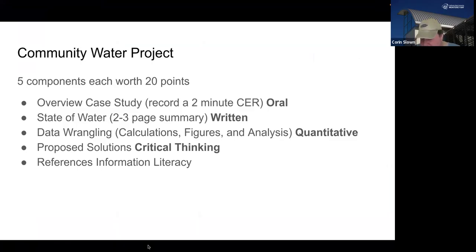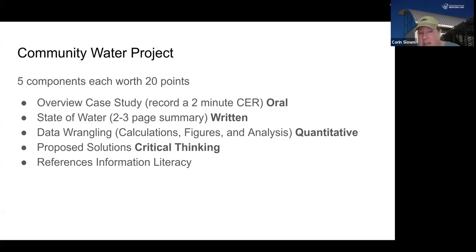Each of you has selected a water site. I'm going to choose one that has not been selected and walk us through how to do the oral component of the claim evidence reasoning as the overview. Then I will post an example of what the state of water, the 2 to 3 page summary, looks like. So you'll have a chance to see both of those examples on Thursday.